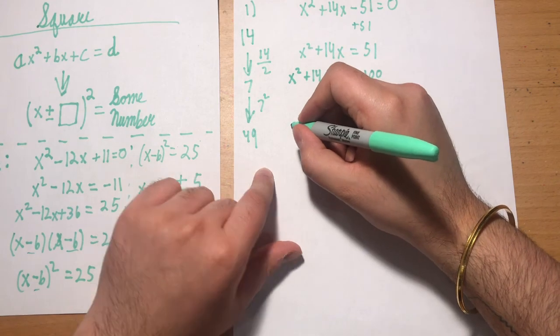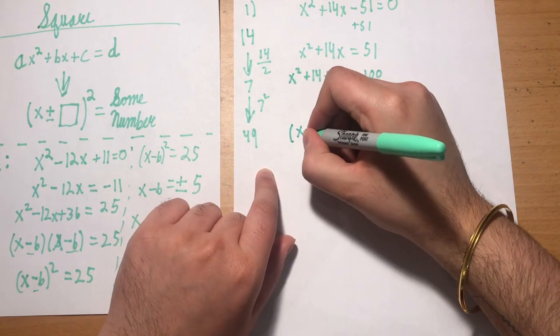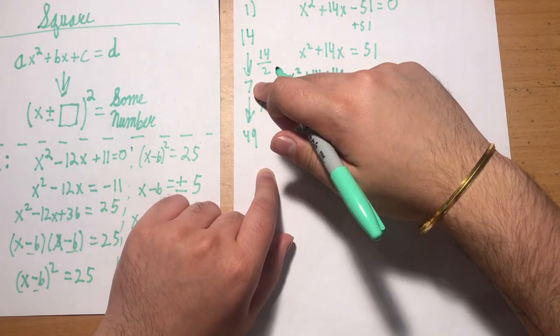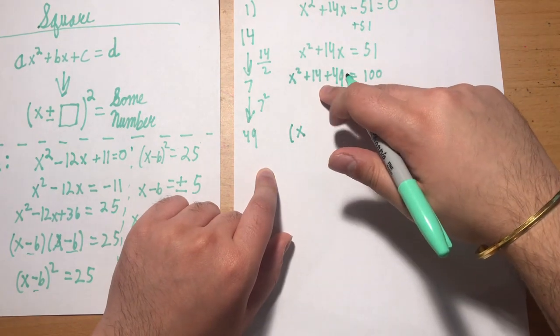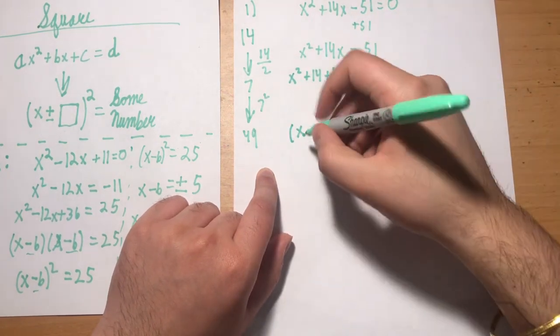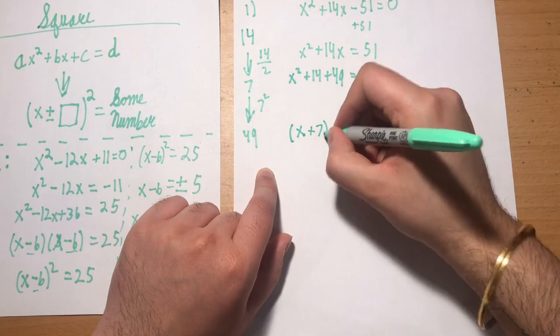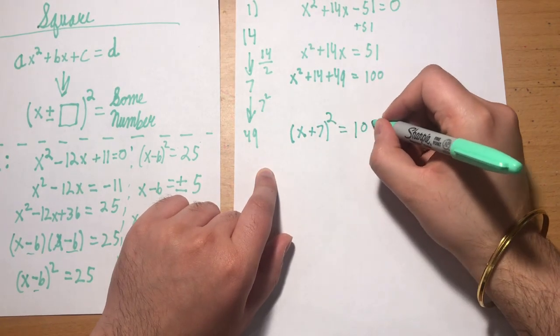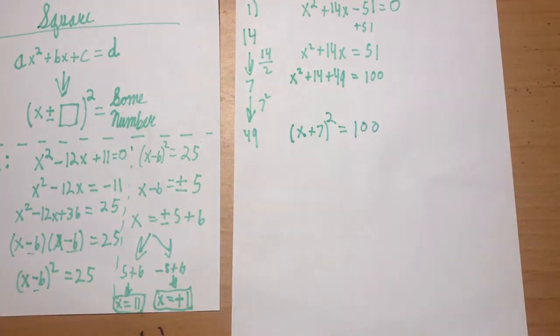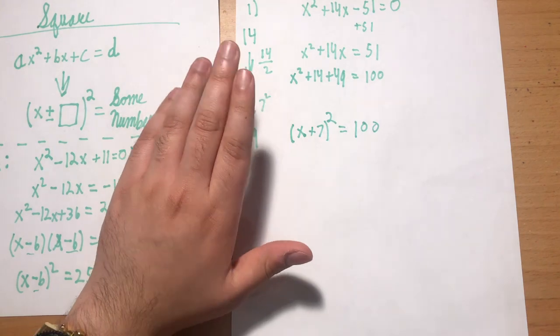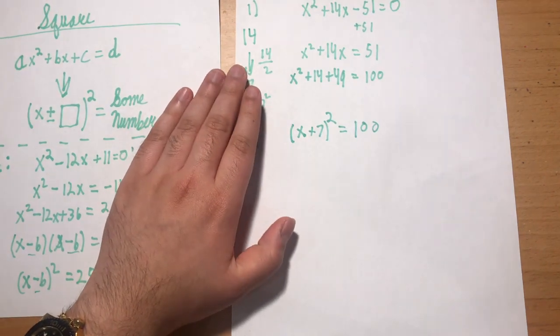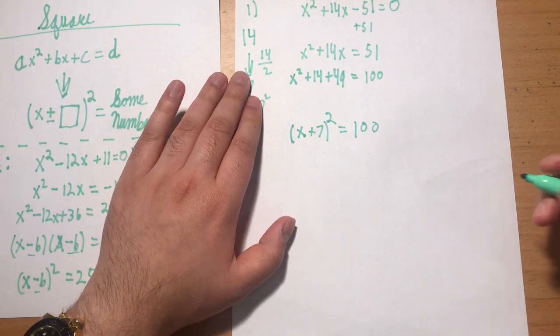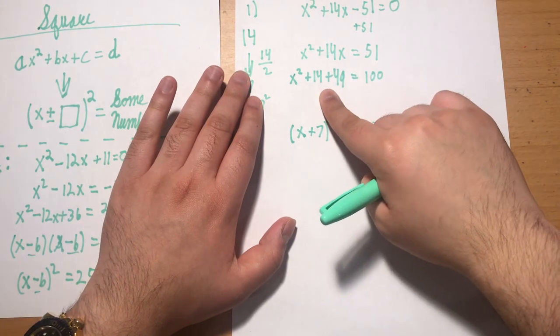So I can skip straight to being x, then whatever this number was, that middle term cut in half, which was a positive 7 squared. And that's equal to 100. Now, what was that middle step? Because I still think it's important to talk about for now, while we're still learning completing the square. And that was factoring this by the AM method.